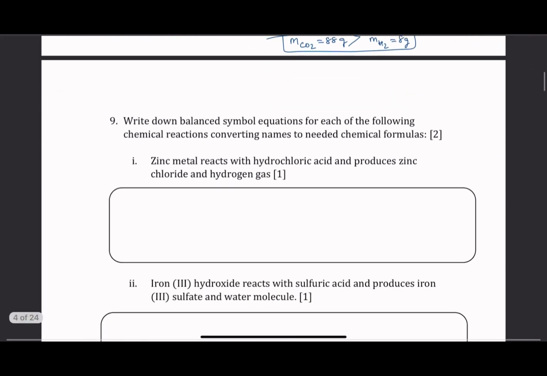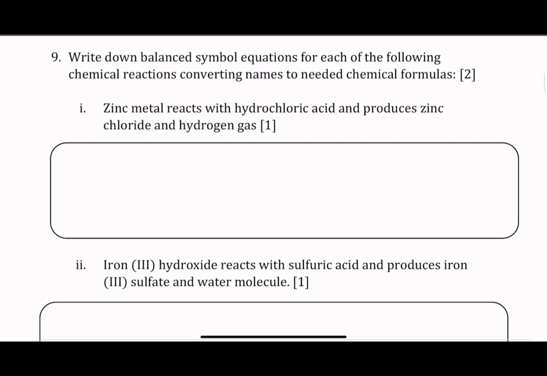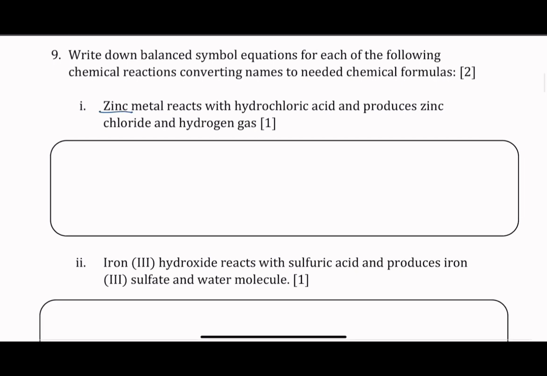Okay, so question 9. Write down the balanced chemical equations for each of the following chemical reactions, converting names to chemical formulas as needed. So zinc metal, you know that from the periodic table, you write it here right away. Reacts with hydrochloric acid.